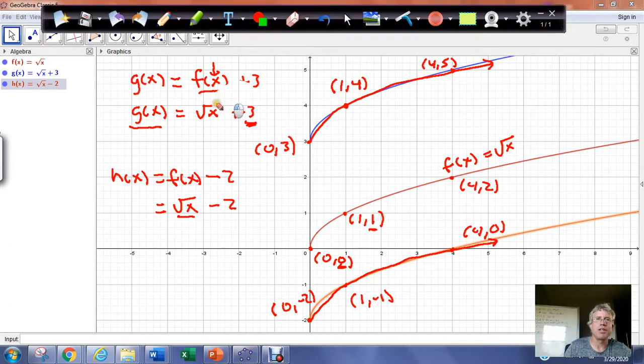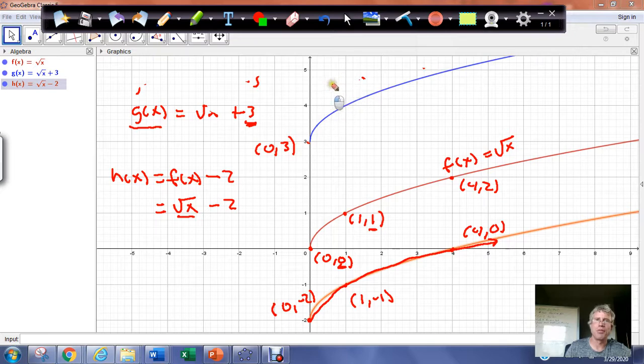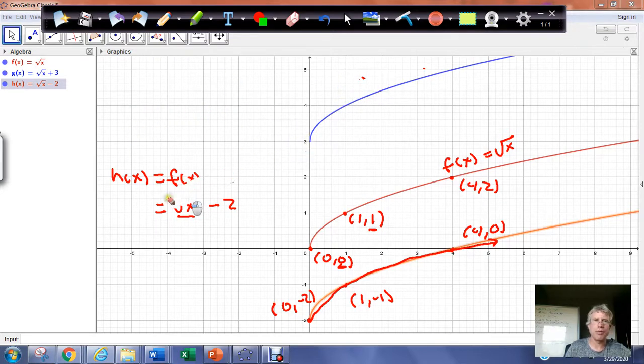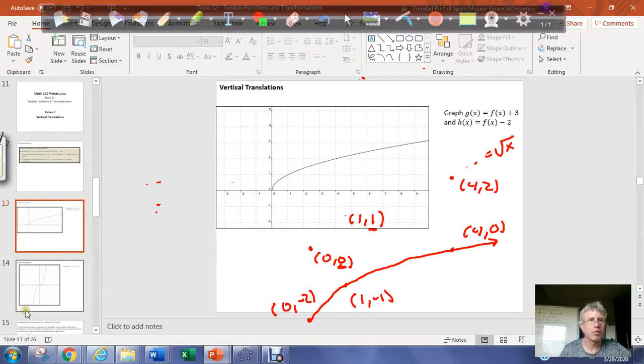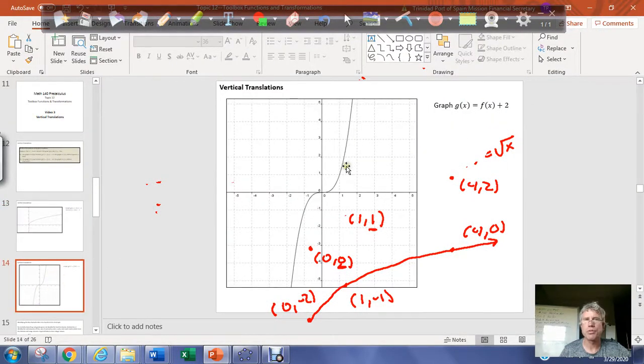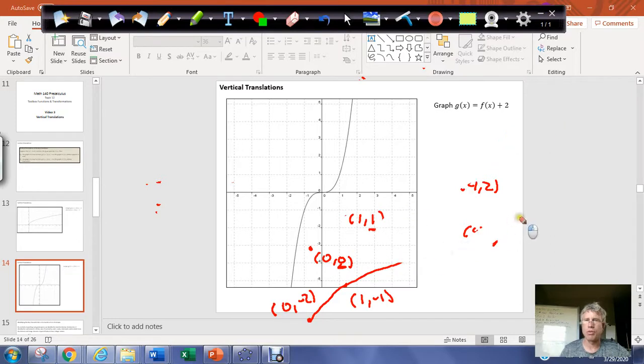And again, so inefficiently I need to erase everything on this example to do the last example. So the next PowerPoint slide that you have has a new example on it. We're supposed to translate a function up 2 units.